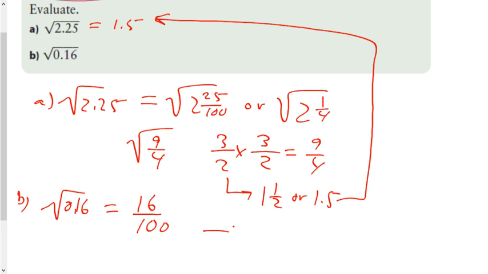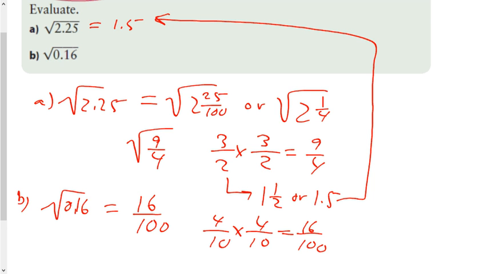What fraction multiplied by itself is equal to 16 hundredths? CJ, what fraction multiplied by itself is 16 hundredths? What's the numerator going to be? Let's just focus on the numerator. 4 times 4. And what's the denominator? Okay.